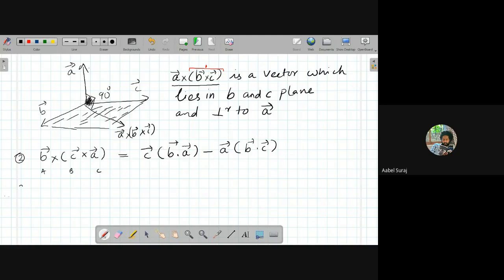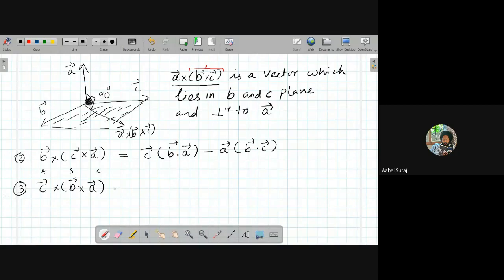If you have the next one, it will be C cross A cross B. If it is in the same manner, you can apply this BAC minus CAB rule. If it is separately C cross B cross A, instead of A cross B, it is the changed one.